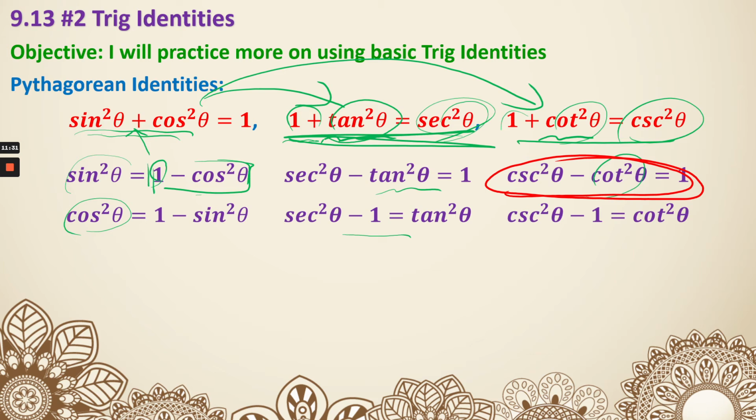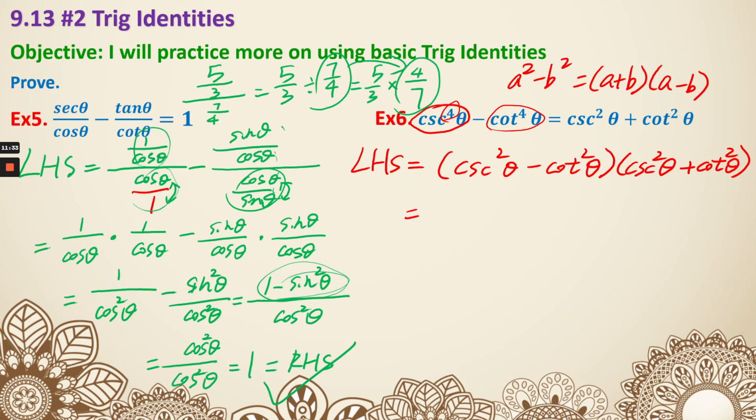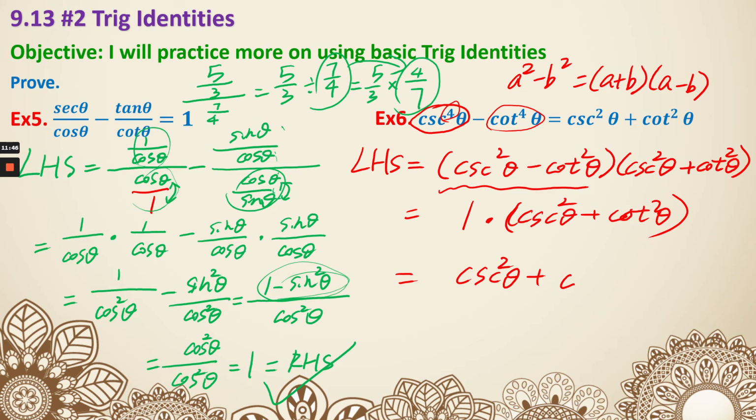So in this case, the first part can be replaced as a 1 times cosecant squared plus cotangent squared, which is just cosecant squared plus cotangent squared. That is our right-hand side. We're done. That is number 6.